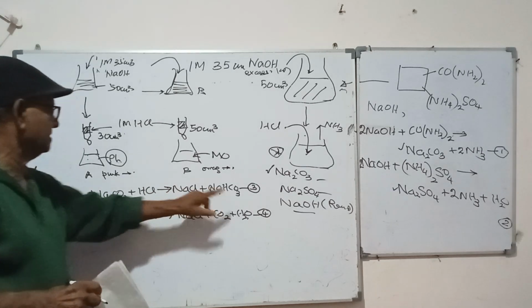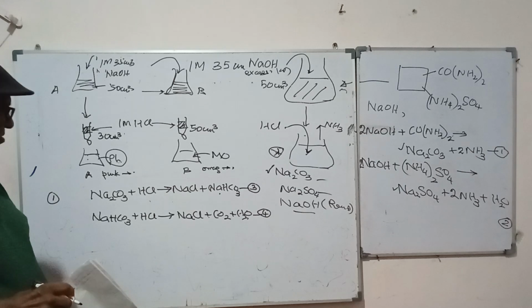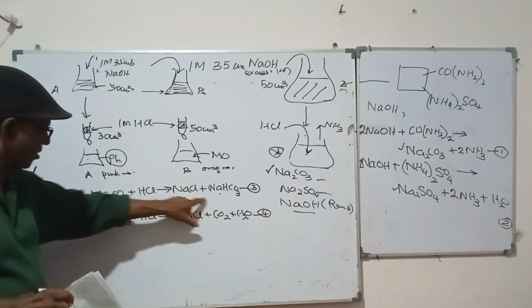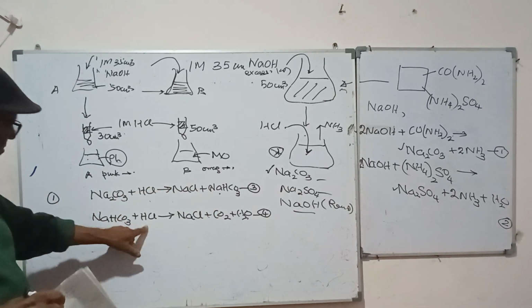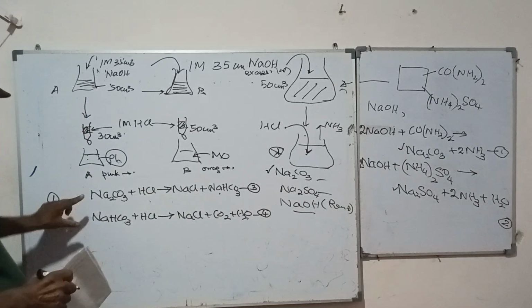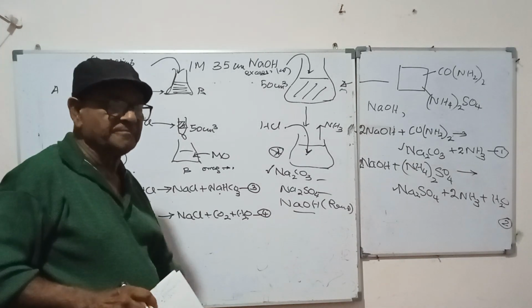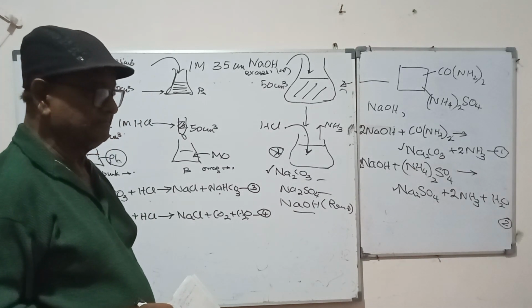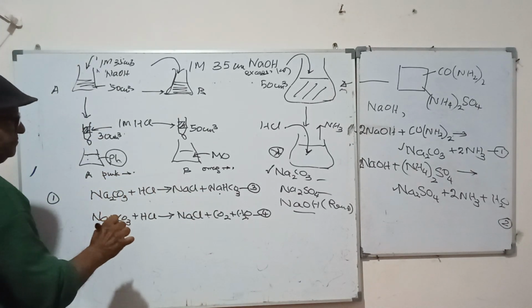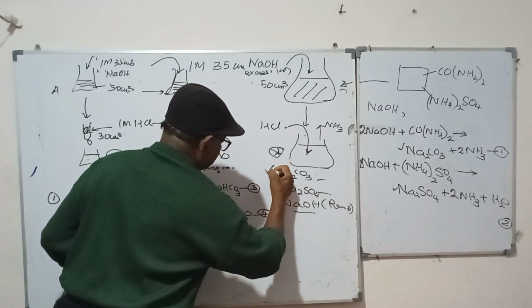All the moles formed are the same, 1:1:1:1. Two reactions must occur to complete the reaction of sodium carbonate with HCl. Now sodium carbonate is completed.